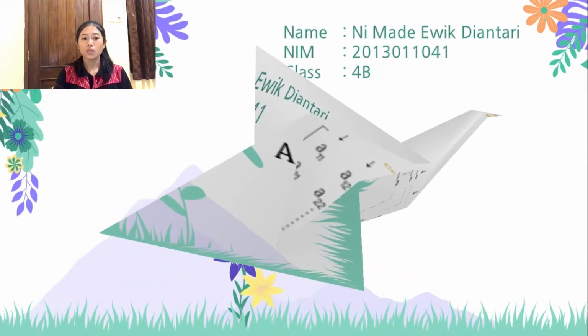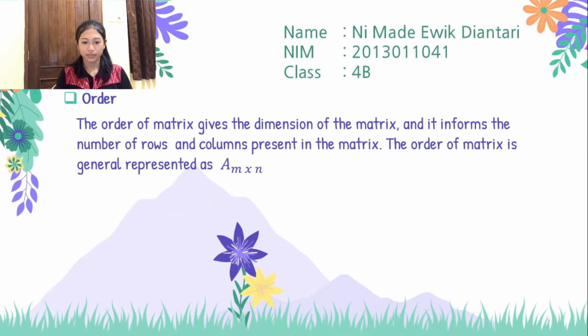Okay, next, order of a matrix. The order of a matrix gives the dimension of the matrix, and it informs the number of rows and columns present in the matrix.